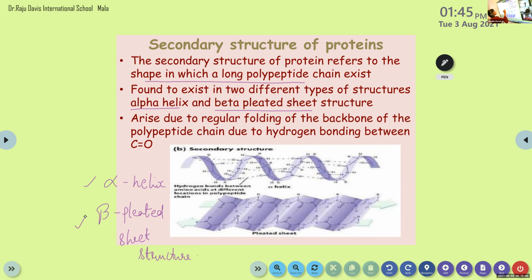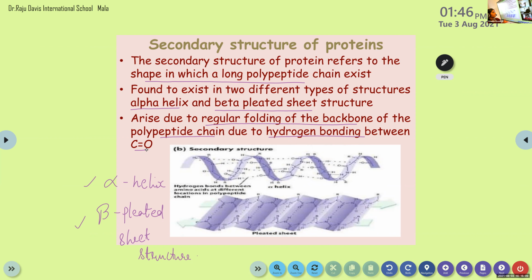It arises due to regular folding of the backbone of the polypeptide chain due to hydrogen bonding between carbonyl groups. In the primary structure I told you it's a straight chain with proper sequence, right? In the secondary structure of proteins, there will be one folding.